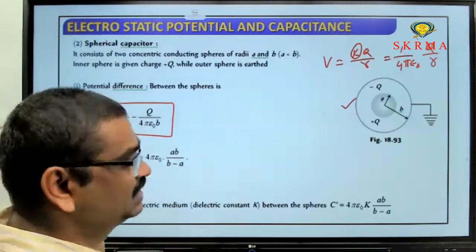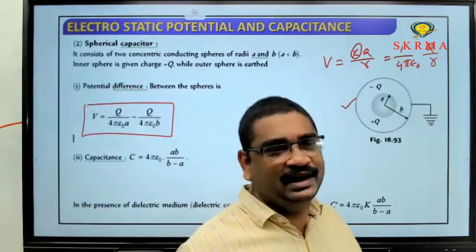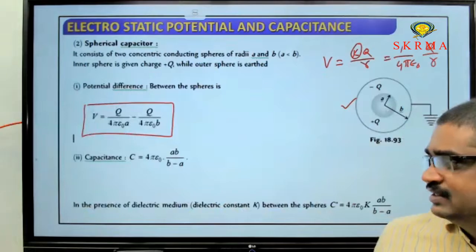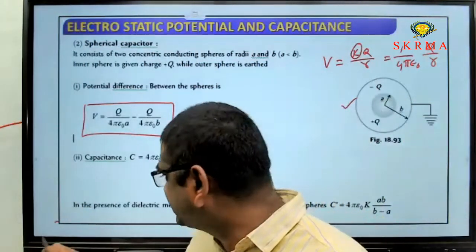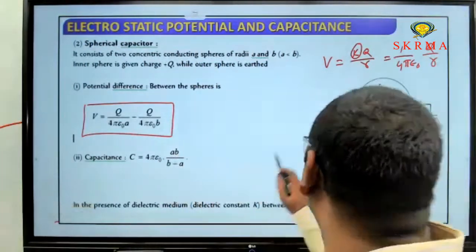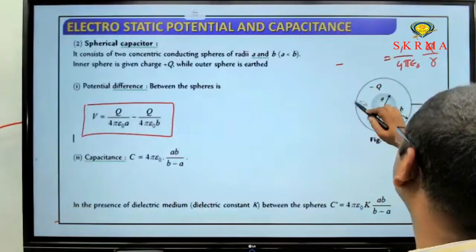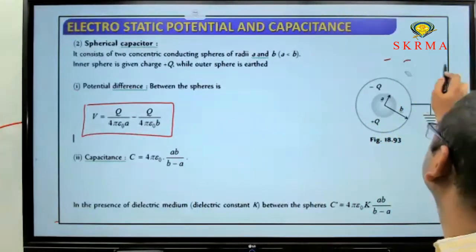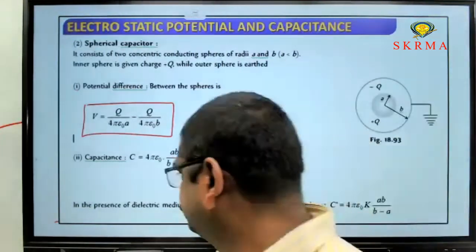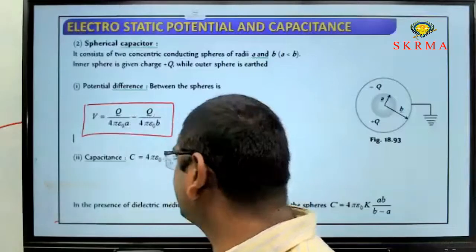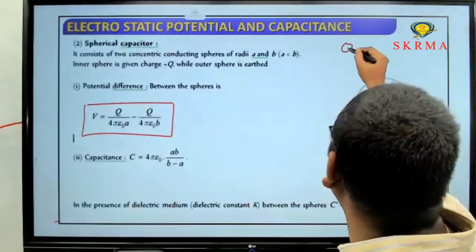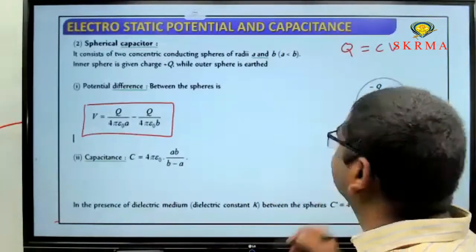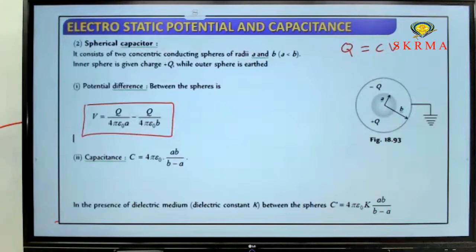Now we got the potential. From this, can you calculate capacitance? What is the basic relation between potential and capacitance? Q equal to C into V. Use this and solve for capacitance.